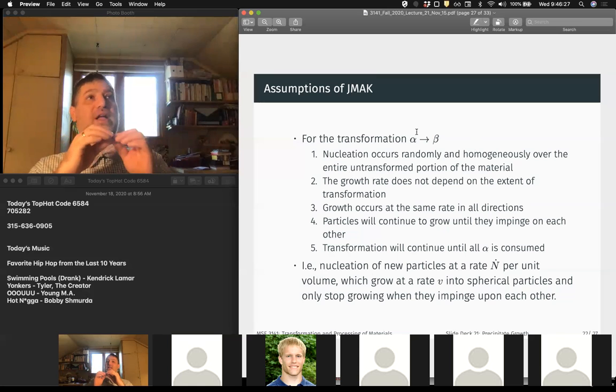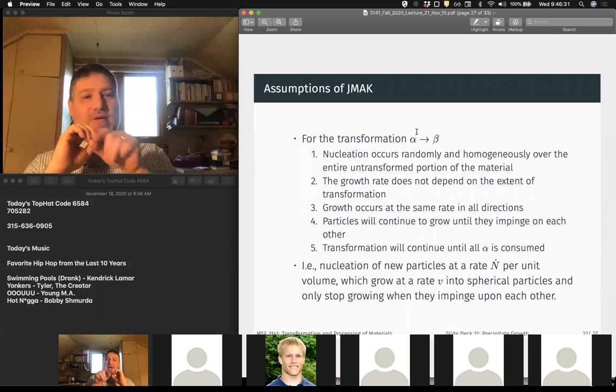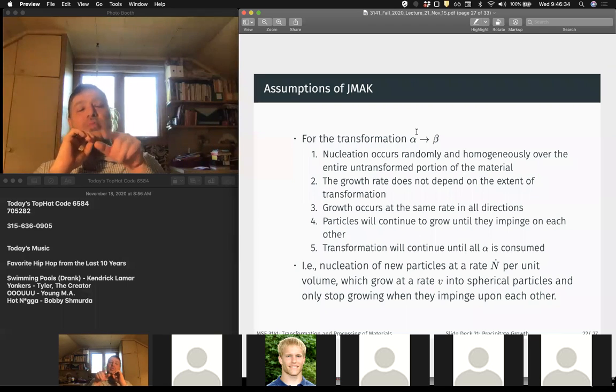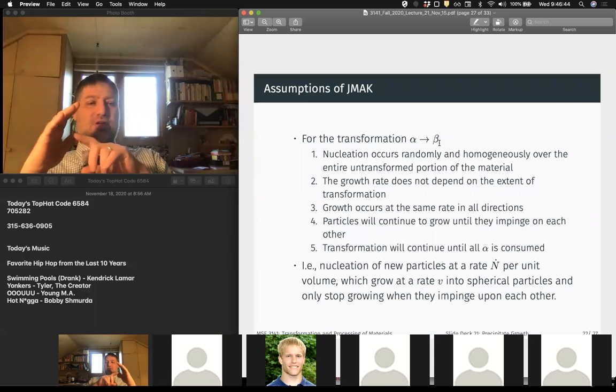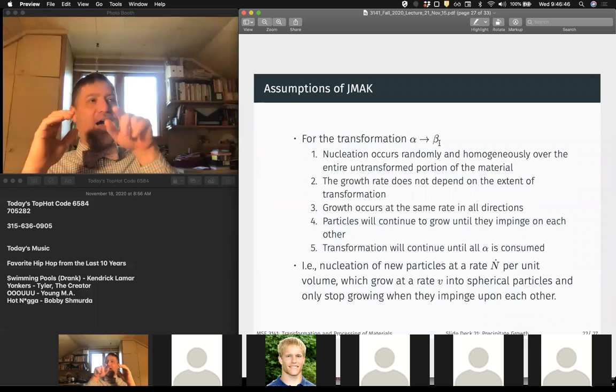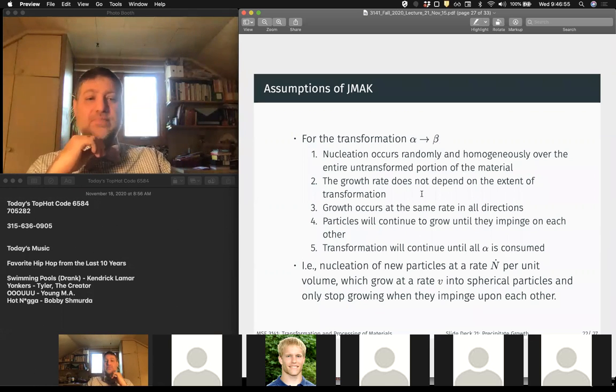The nucleation rate per volume or per mole obviously stays constant. But if we have a chunk of 1 mole of total material, the number of nuclei as a function of time is going to decrease, because the fraction of alpha that we have left is also going to decrease.